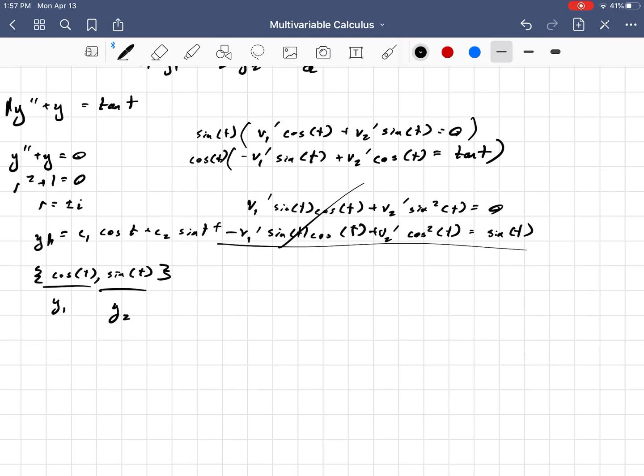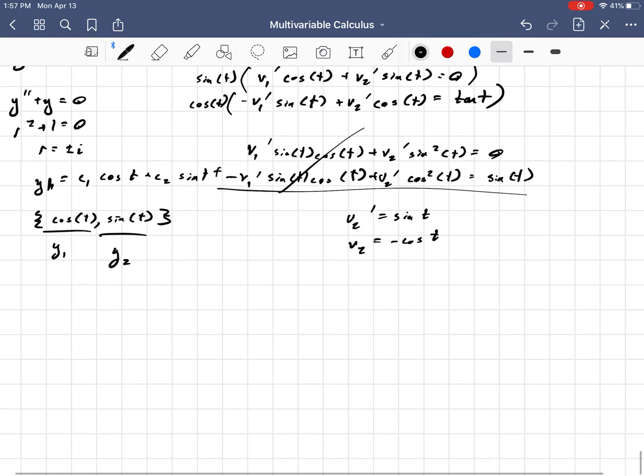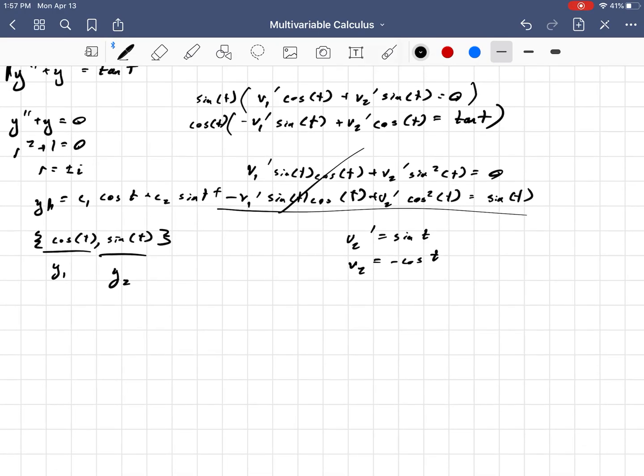Tangent times cosine is sine. I'm going to add these together. That's gone. And now look at this. When I have v sub 2 prime times sine squared plus cosine squared, that just gives me a 1. So v sub 2 prime is just sine of t. And so v sub 2 is negative cosine of t.